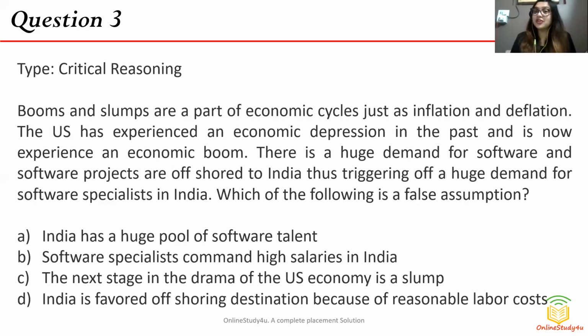Now this question is on critical reasoning, right? And we had discussed this earlier, that we were predicting critical reasoning would come for these exams. So we have seen questions on critical reasoning also. The first one says booms and slumps are a part of economic cycles, just as inflation and deflation. So this is a passage which is on economics, and it's saying that booms and slumps, your ups and downs, are just part of economic cycles, just as inflation and deflation.